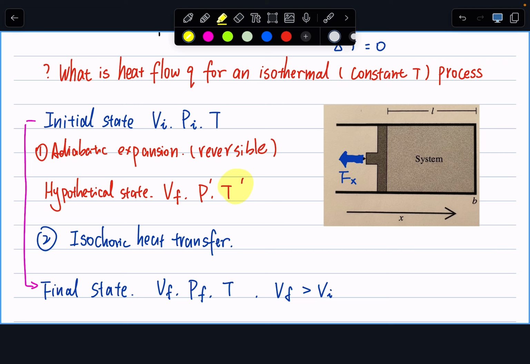So what we end up getting is Q equals, well, this overall delta U minus the work reversible we calculated, which is nRT times ln V final over the initial.